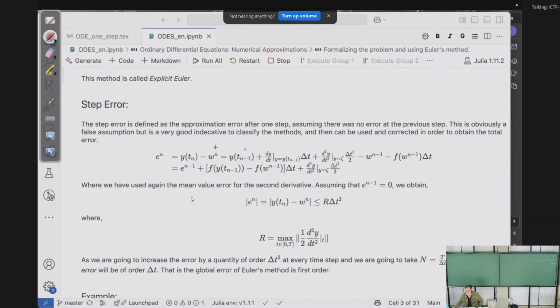Right, this is the Taylor's expansion up to here, keeping second order, and then we subtract the Wn, because the Euler approximation is just this, right? So when you do this, you have here f of y Tn minus 1, and here you have this one, and you have a delta t squared.